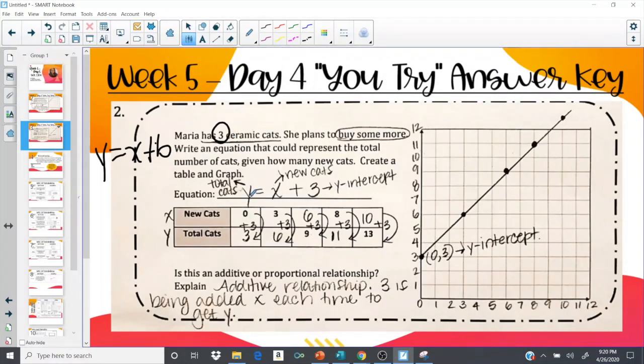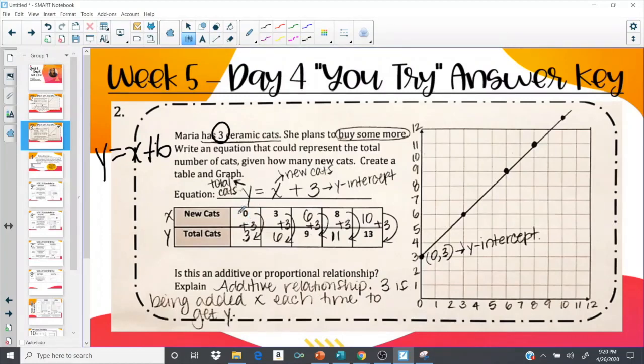As I did here, y is equal to x plus 3. 3 is your y-intercept, so that's the starting point. X represents the new number of cats she's going to buy, and then y represents the total number of cats she will have. And here they gave you a table that was partially filled in.